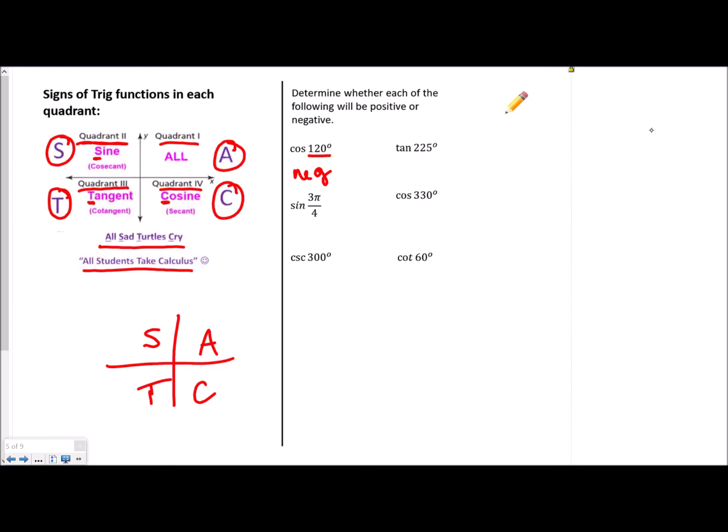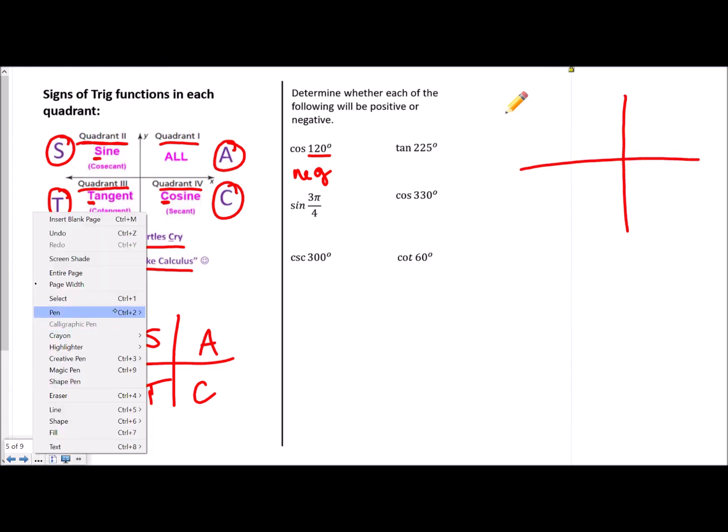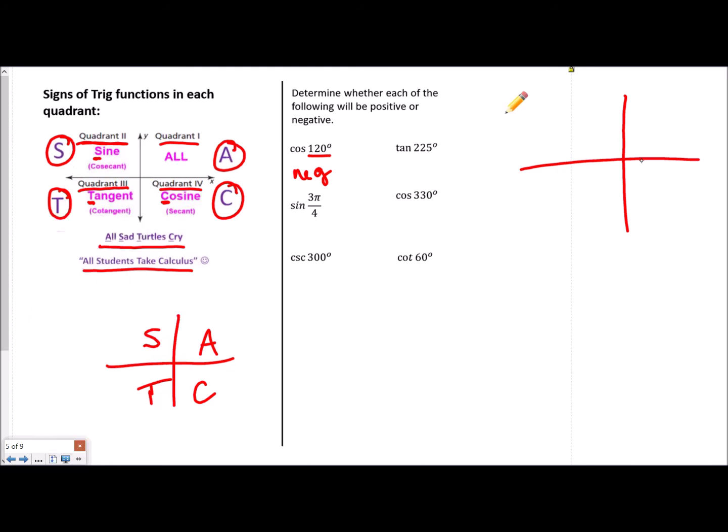I'm thinking of the angle 225. Here's 90, 180. It's not quite 270. It's in here somewhere. That's quadrant 3. And in quadrant 3, T is in charge, so he gets to be positive.